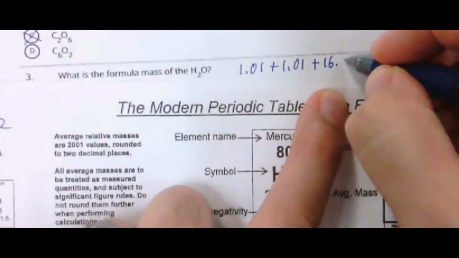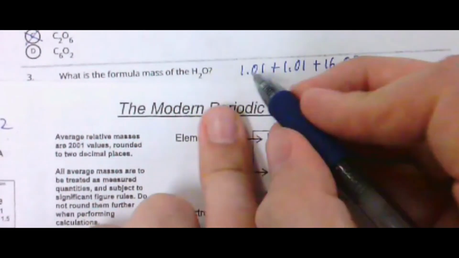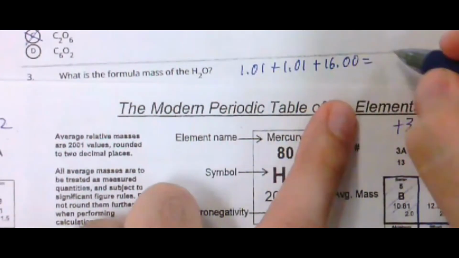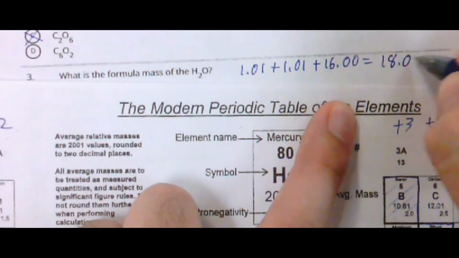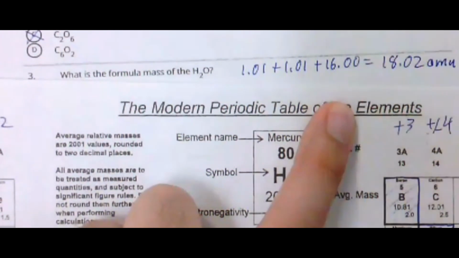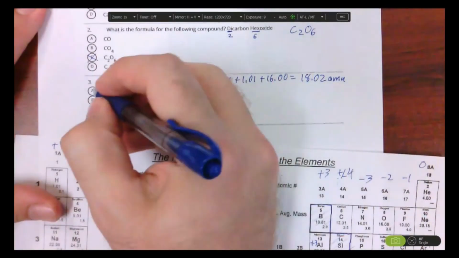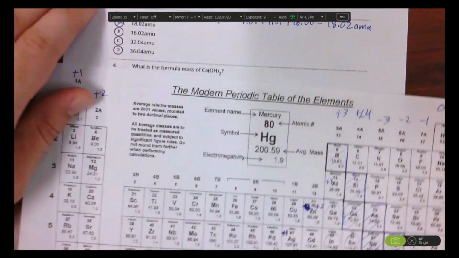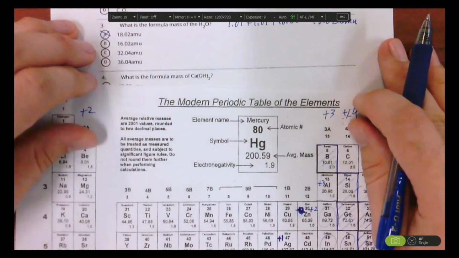Never round to a whole number, by the way. So you add them together, 1.01 plus 1.01 plus 16, that's going to give us 18.02 AMU. Not 18, but 18.02. It's very important you keep those 2 decimals since we're dealing on the molecular level here.